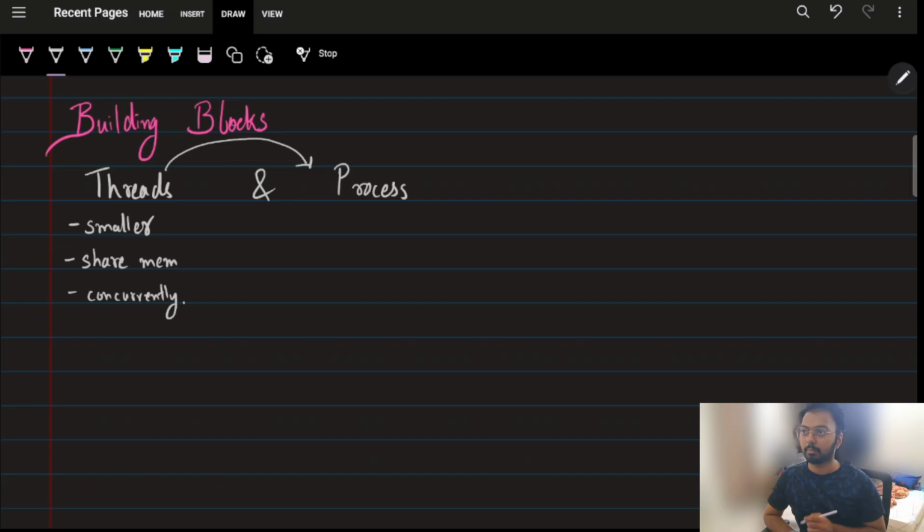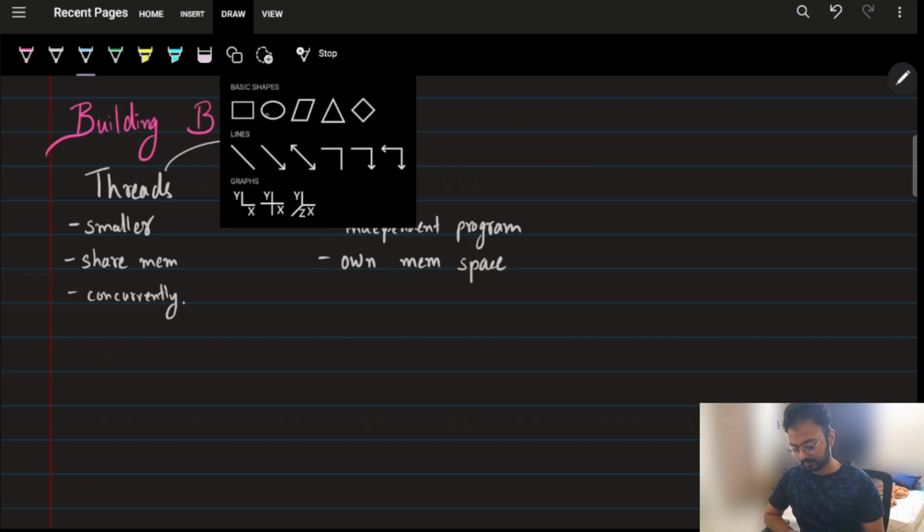However, a process is an independent program, and it has its own memory space. In short, you can imagine it like this.